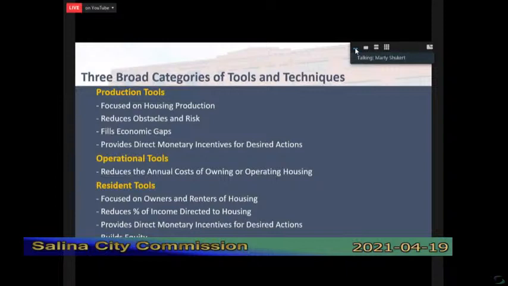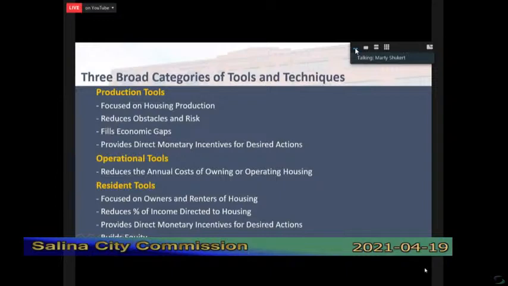It also provides monetary incentives for desired actions, not unlike production tools. So there are cases where, well, McPherson is an example of this, where a home buyer is actually paid something to buy a home or to move to town. It builds equity.